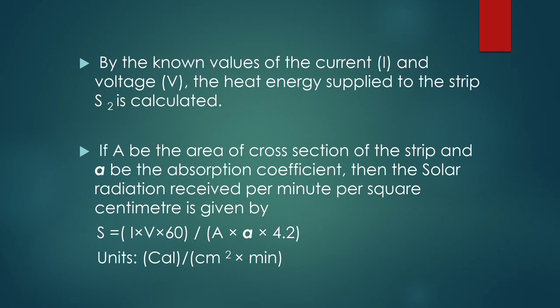Here the 4.2 factor is used, as we know that 1 calorie is equal to 4.2 joules. So now the unit for solar constant is calories per centimeter square per minute.